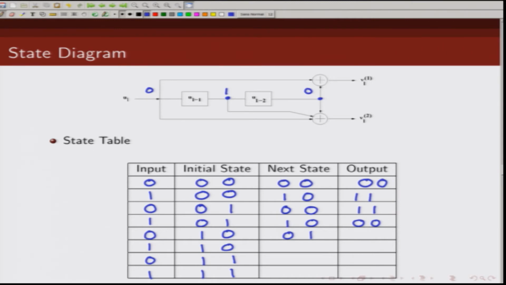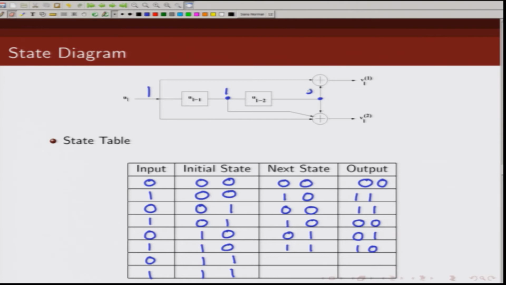If the input is 0 the output will be 0 plus 0 is 0 and 0 plus 1 plus 0 is 1. So, output is 0 1, and if the input is 1, then the next state would be 1 1, and the output will be 1 plus 0 is 1 and 1 plus 1 plus 0 is 0.